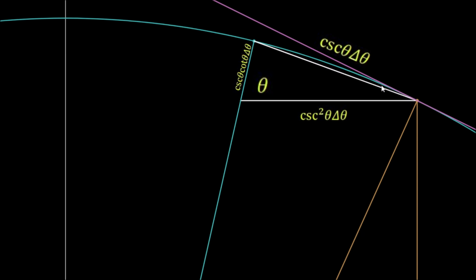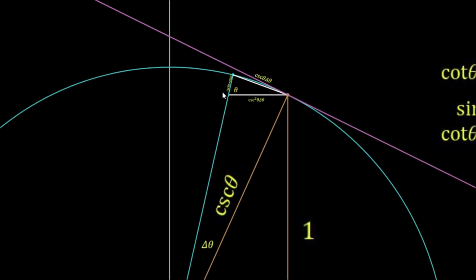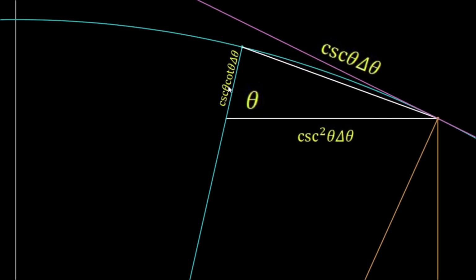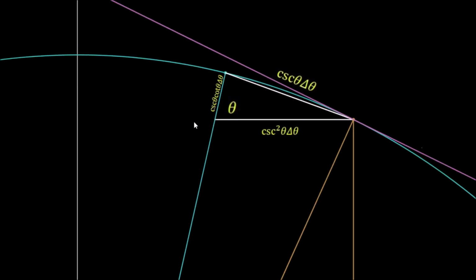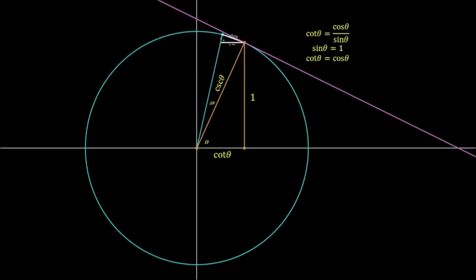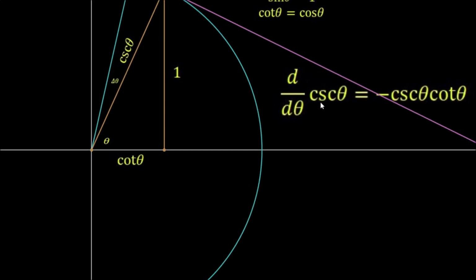So whenever this point goes round to this point here, we've actually subtracted off this little distance. So what we've ended up with is minus cosec theta cot theta. So when we differentiate our cosec function, we get minus cosec theta cot theta. And let's print this out here on the screen. When we differentiate our cosec theta, we get minus cosec theta cot theta.